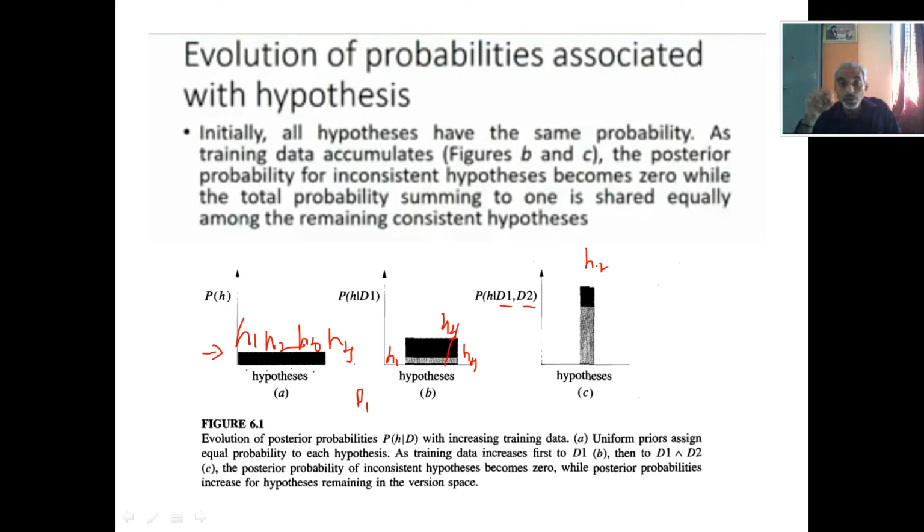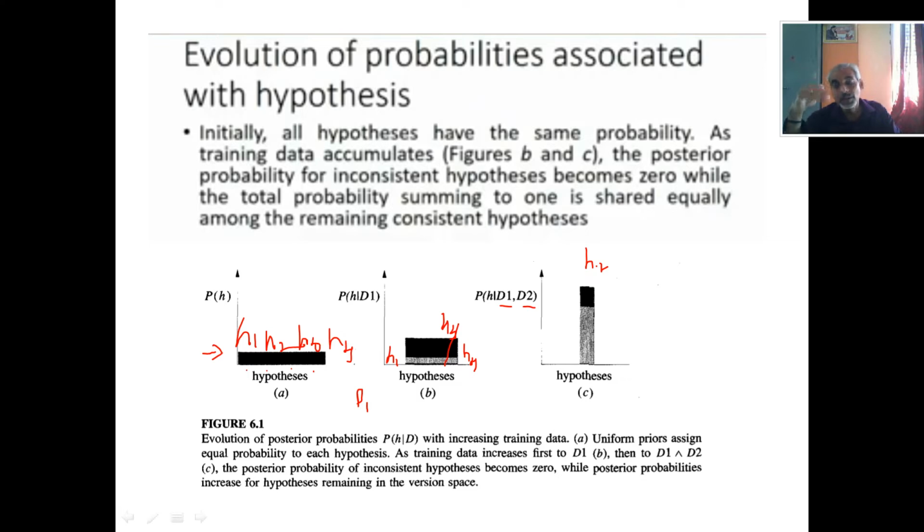So this is how we can say that as the training data increases, the posterior probability of inconsistent hypotheses becomes 0, while the posterior probability increases for the hypotheses remaining in the version space. Whichever hypotheses are consistent, the probability keeps on increasing.